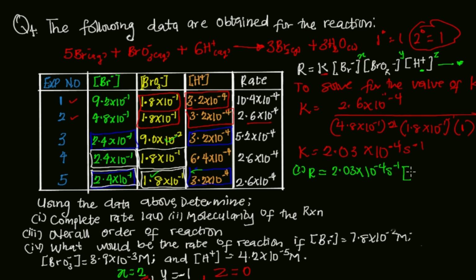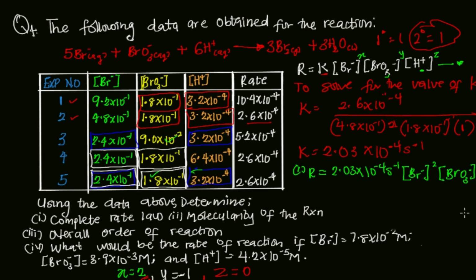We have Br minus raised to the power of X, and X is 2, right? And that of BrO3 minus, so it is O3, raised to the power of minus 1, because Y is minus 1. Then the next one is hydrogen ion, raised to the power of 0.